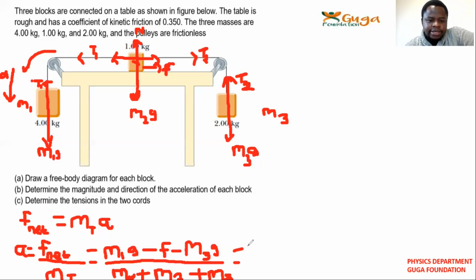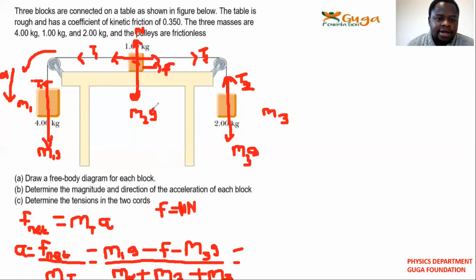You know that, guys, here the friction F is equal to the coefficient of friction, mu, multiplied by N, right?